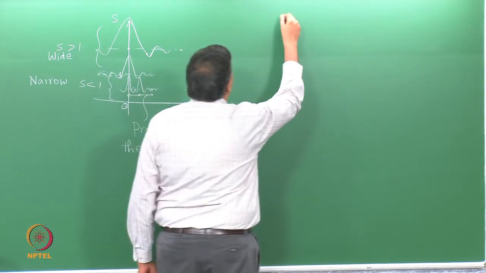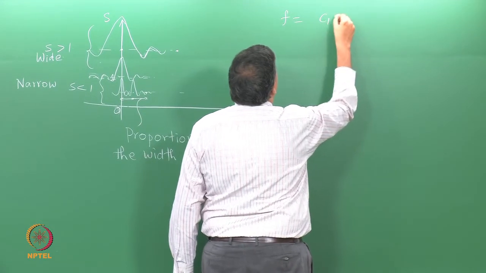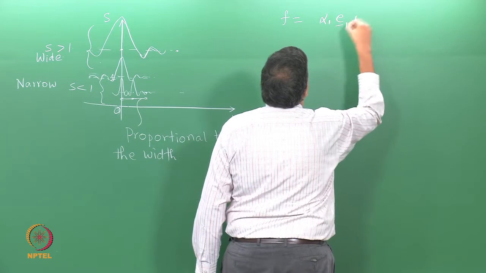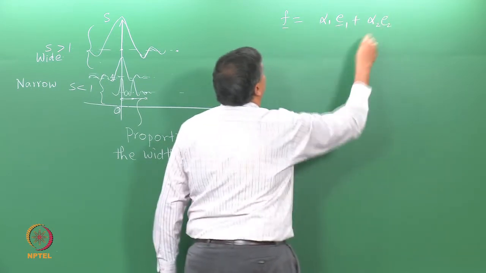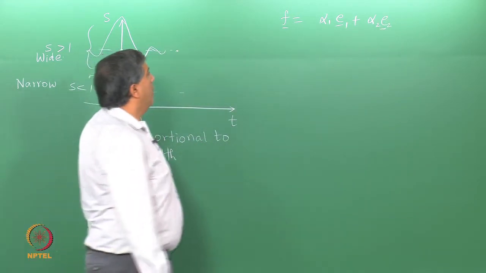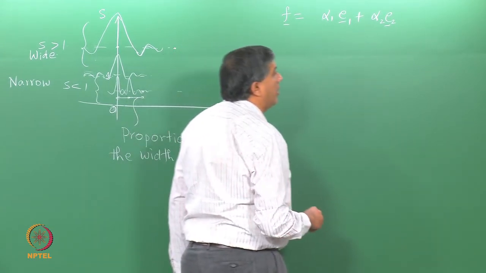So let us take any function in the 2-dimensional Hilbert space, and since E1 and E2 are the basis, let us assume that this function is a vector. E1 and E2 are both 2-dimensional vectors, and what I have there is gamma 1, gamma 2 and gamma 3.